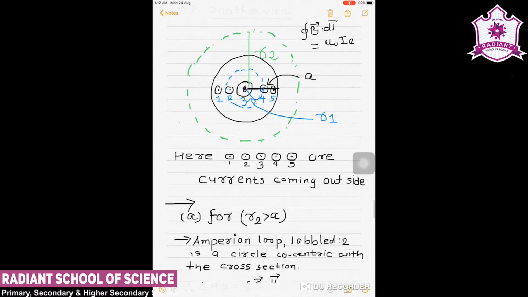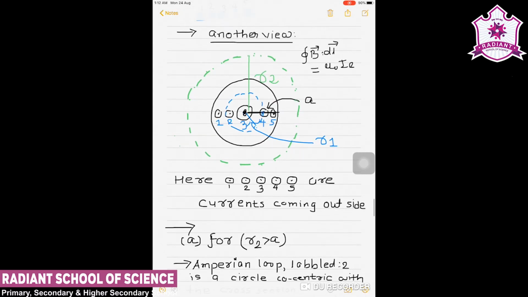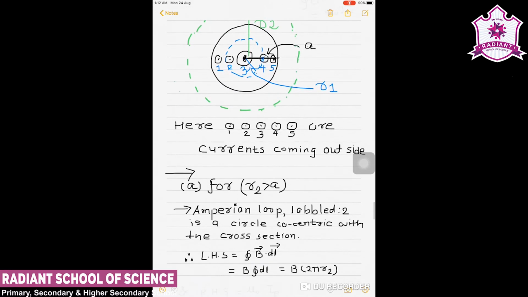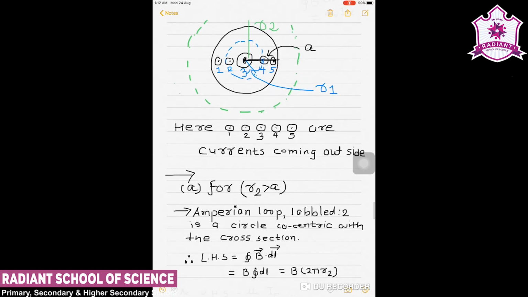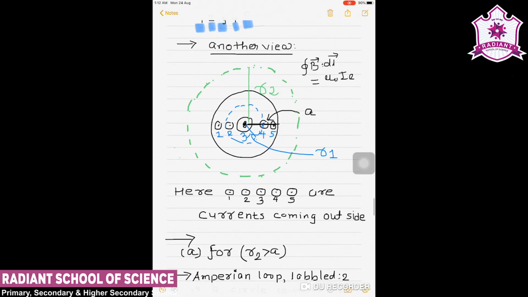Now here the direction of the magnetic field and the direction of the length element of the Amperian loop are the same, in the anti-clockwise direction.